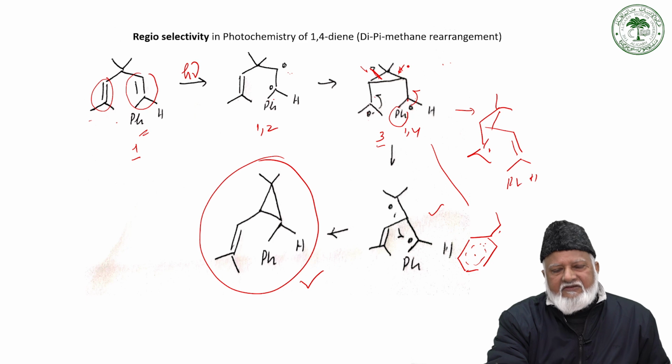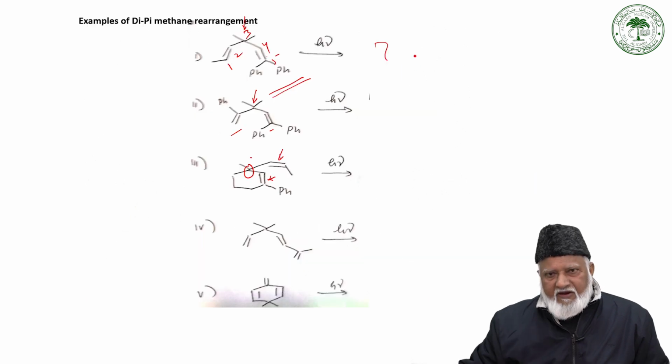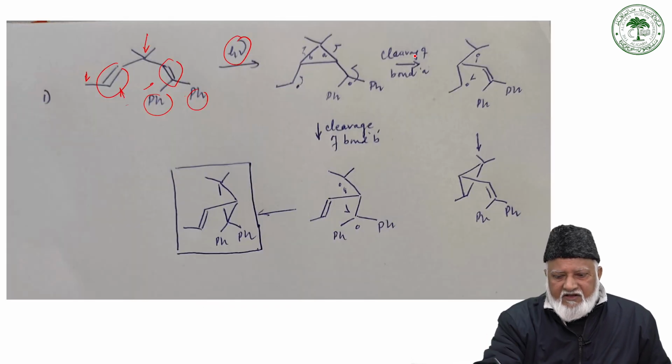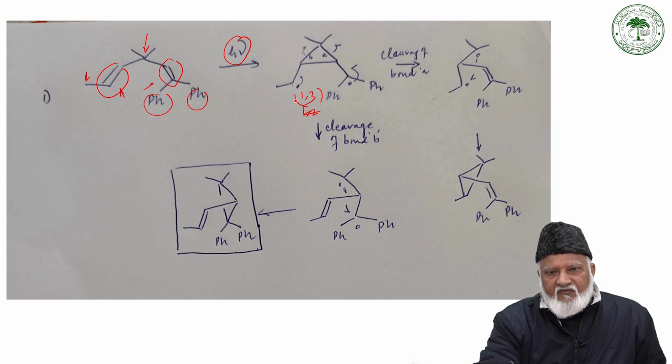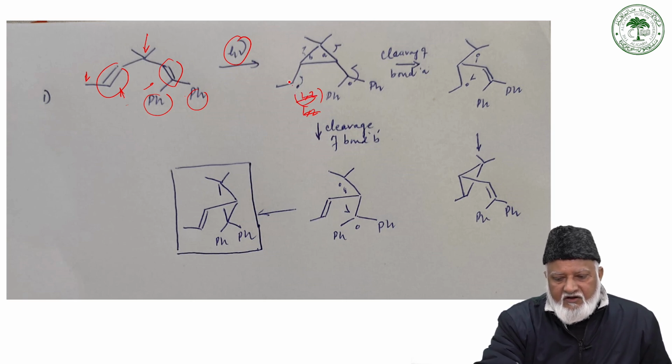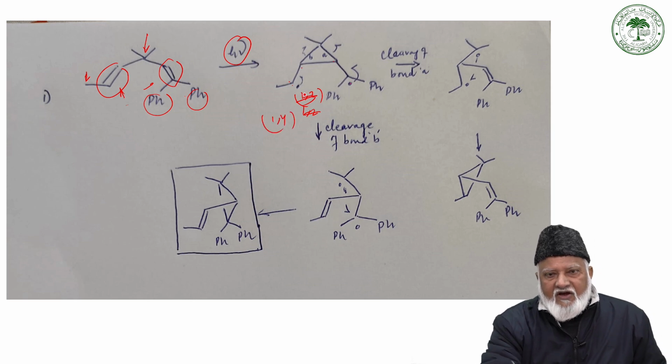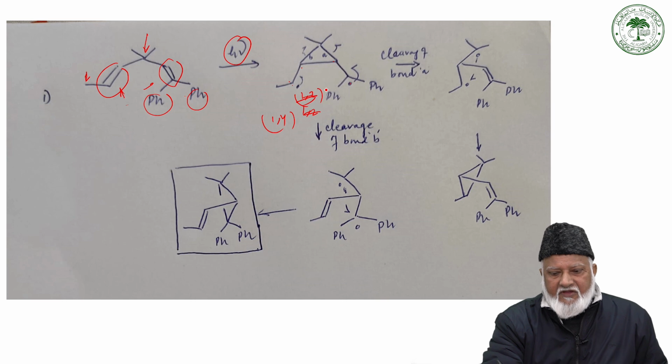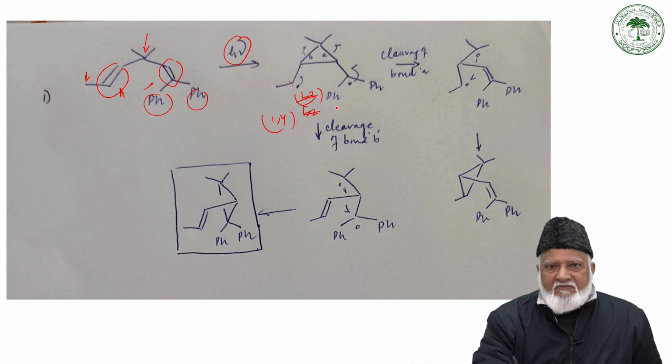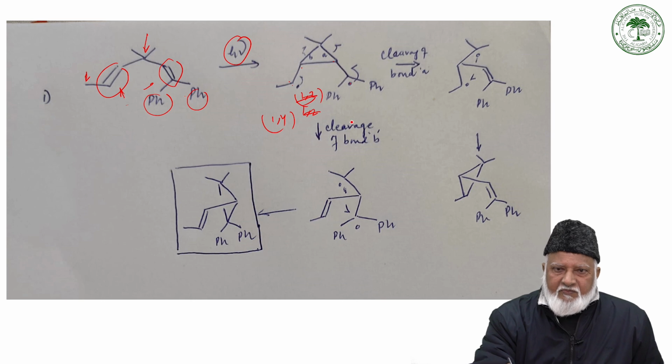In either case, this is the end product. The main intermediate is the 1,4 diradical species via the formation of a cyclopropane ring. Now this intermediate is the deciding factor which leads to the major product.